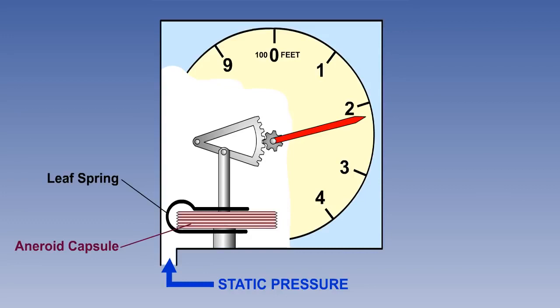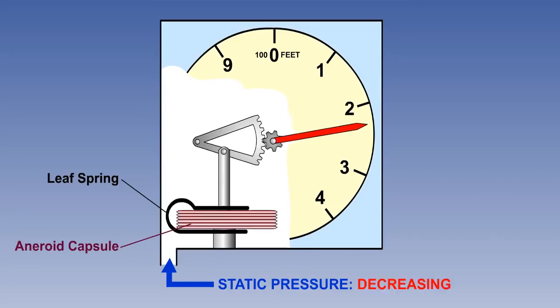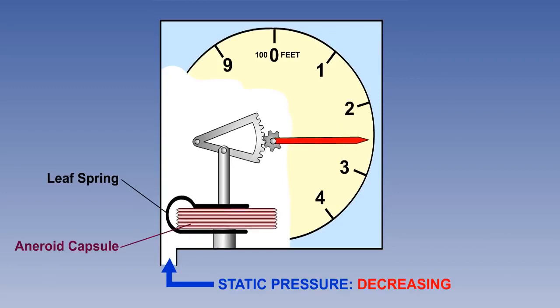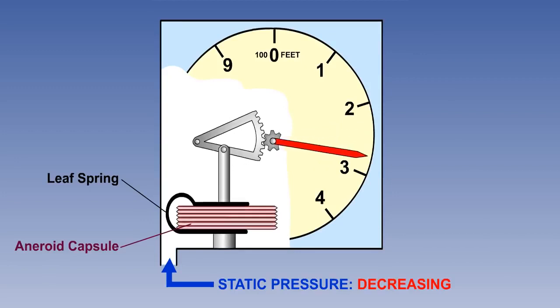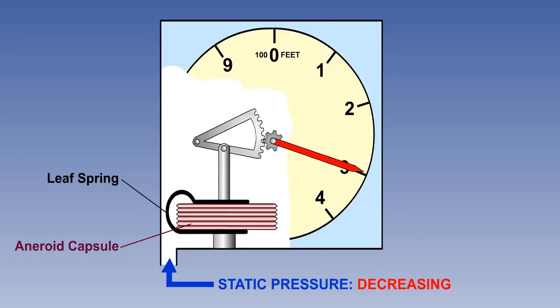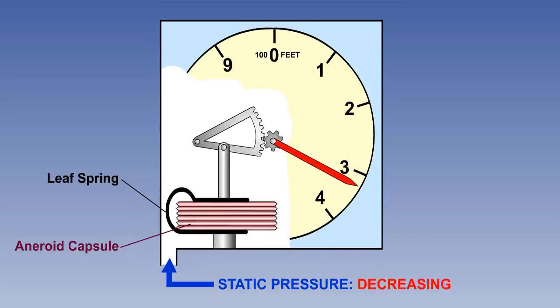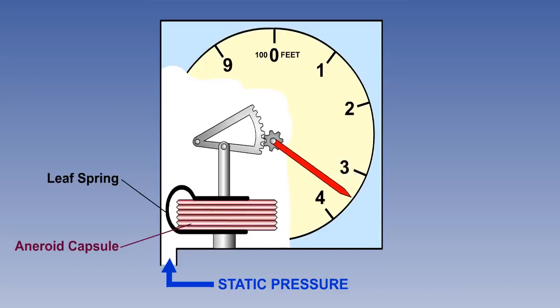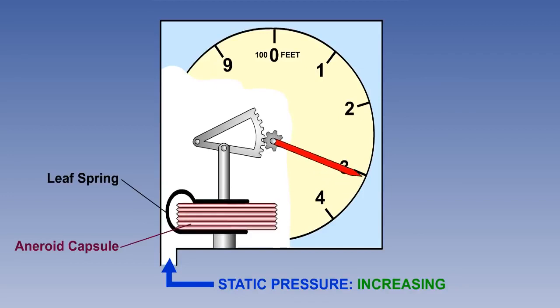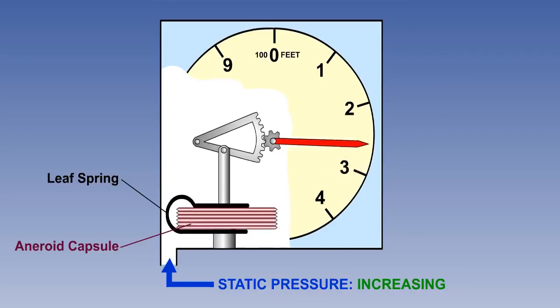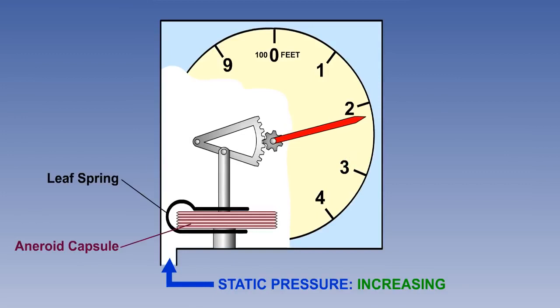As altitude increases, the static pressure inside the instrument case decreases. The capsule expands, which causes the pointer to rotate and indicate an increase in altitude. In the descent, the capsule is compressed, and the pointer moves in the opposite direction.